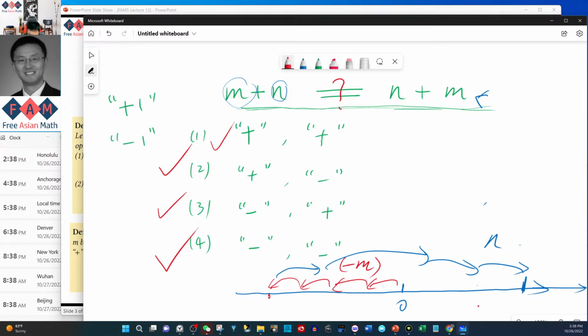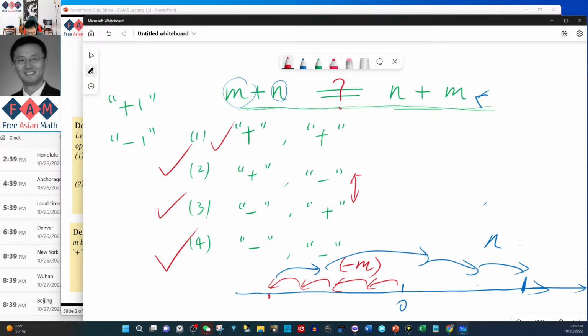Case 2 and case 3 can be explained in parallel, and case 1 and case 4 are also kind of parallel, except the direction of the movement is opposite. So this gives us a geometric interpretation of why the commutative law is true for any integers.